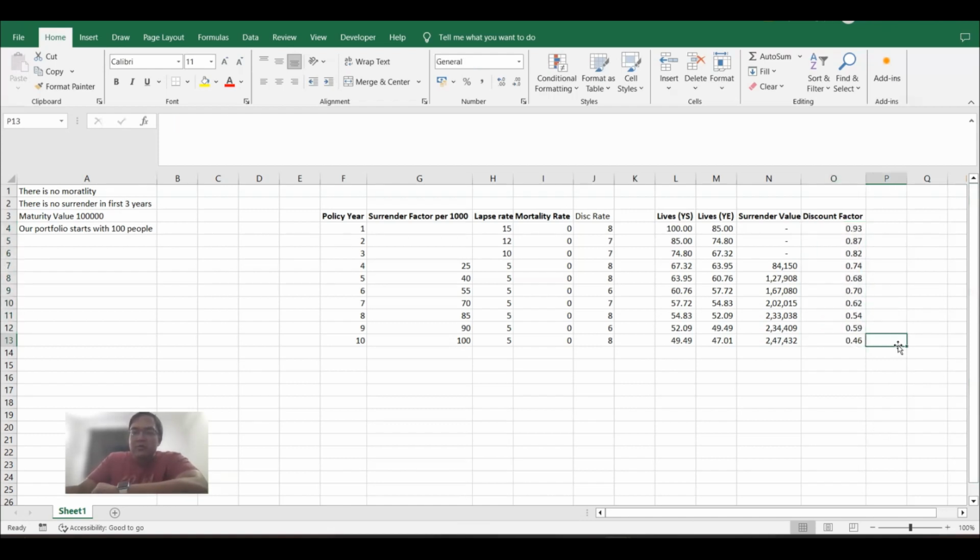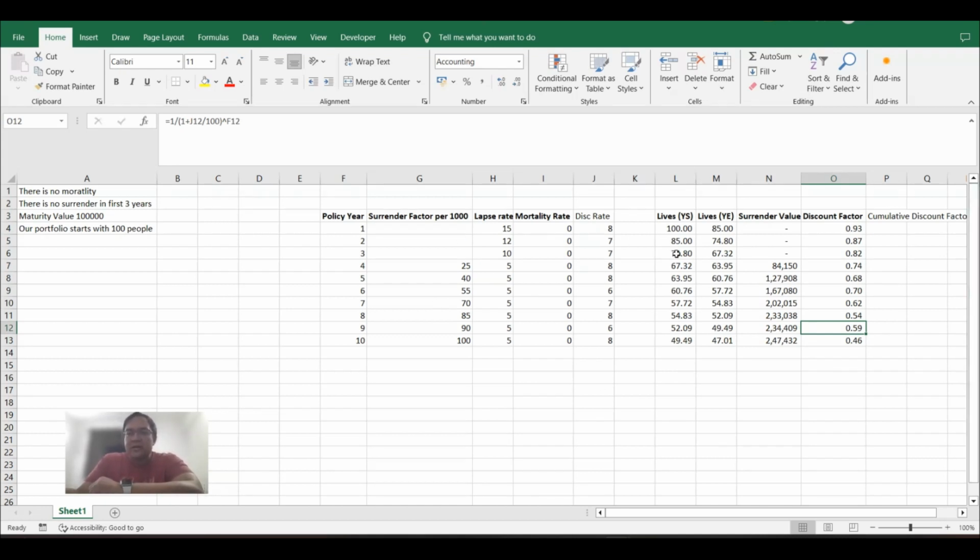Now, how are you going to calculate the cumulative discount factor, right? Cumulative discount factor means that you are discounting it to the start of the policy year, like I mentioned. So if you multiply this cash flow with this, it is going to go to the start of the year, right? But if you are multiplying this cash flow with this, then also it is going to go to the start of the year, right?